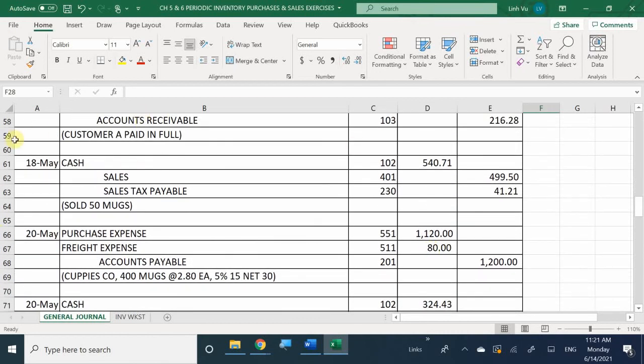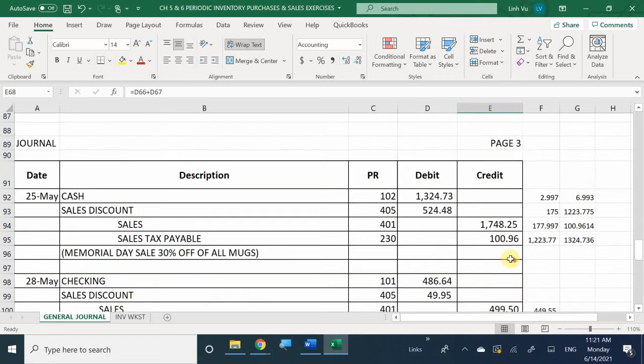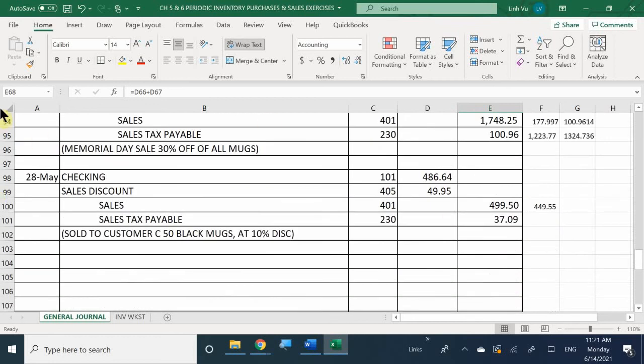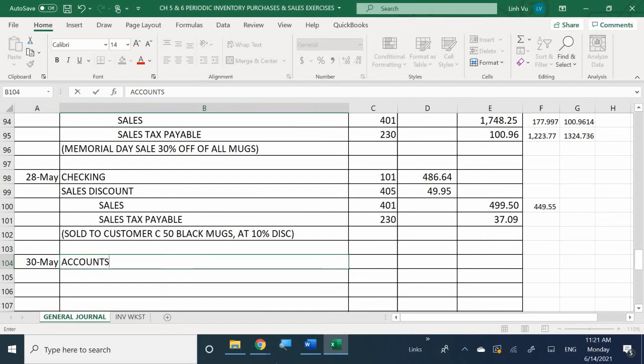And of course, last but not least, we made a purchase on the 20th, which in this case, my total amount of bill came out to be $1,200. So I'm going to go ahead and give you the first journal entry, where I'm paying off all 3 bills on May 30th. That means everything that I owe is going to be here under accounts payable.